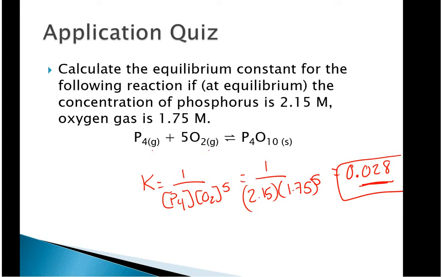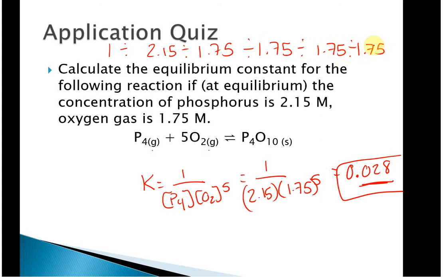So you can either say 2.15 times this guy, 1.75, to the 5th power, and then do 1 divided by your answer that way. Or you can say 1 divided by 2.15 divided by 1.75. If you don't know how to do the 5th power, this is another option.